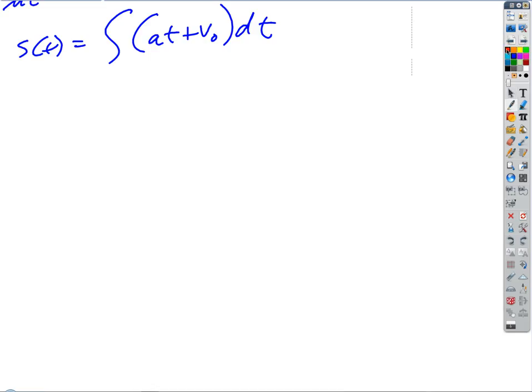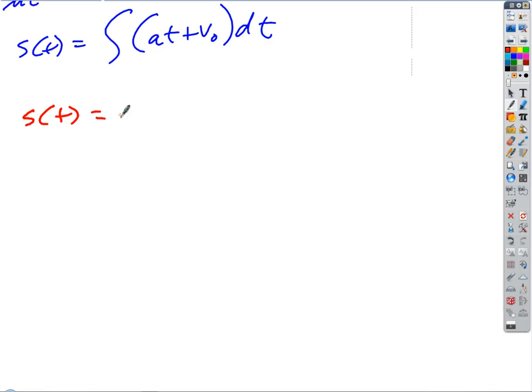Yeah, so we got acceleration is a constant, right? So we could take that out front, but what's the antiderivative of t to the 1?